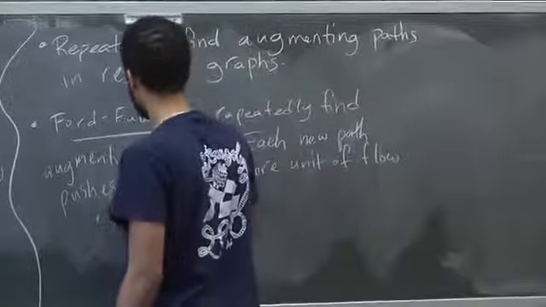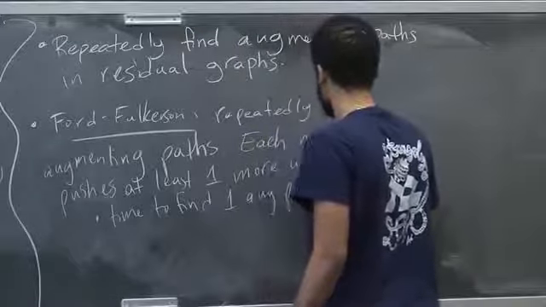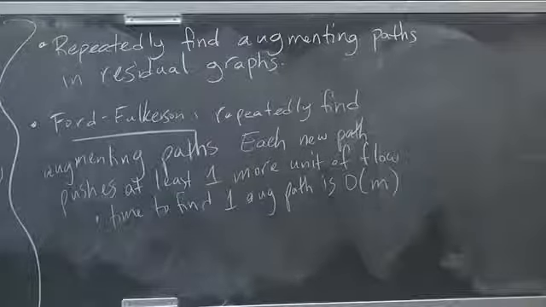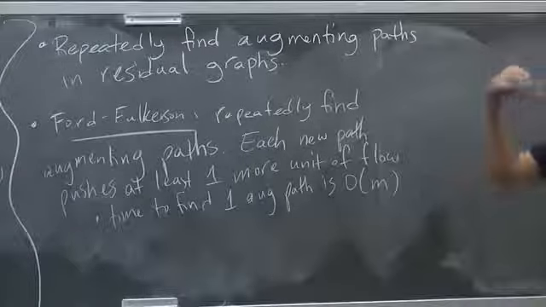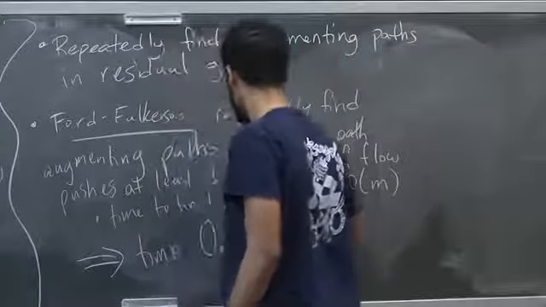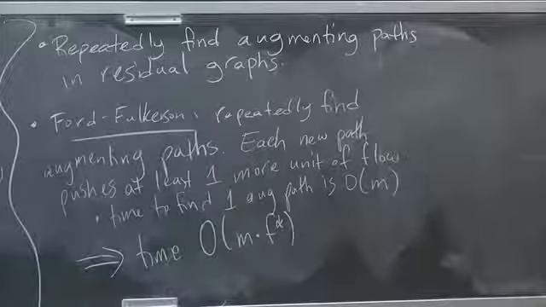And the time to find one augmenting path is just linear in the number of edges. Why is that? How do you do that? Yeah, DFS, depth first search, or BFS. Basically, just find any path from S to T in the residual graph and push one unit of flow there. So this implies the time O(m times F*), where F* is the value of the optimal, the max flow that's achievable.